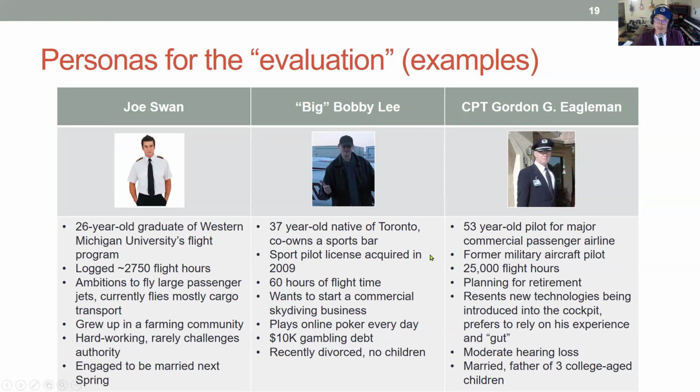So I'm making characters, and maybe Captain Eagleman here is so set in his ways that it's really difficult for him to accept this newfangled weather app. He does all of his weather by radio or whatever. So okay, I hope you get that point. I maybe over-elaborated on these three hypothetical personas, but again the idea is you storyboard.